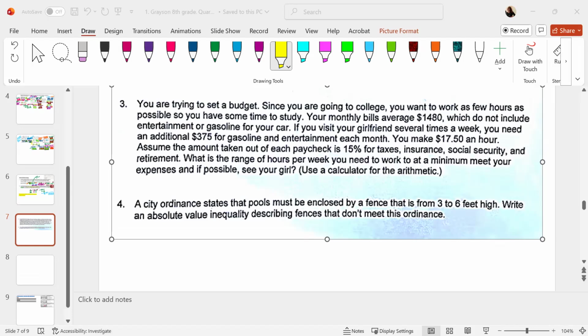Working 12 hours per week. You need to work at a minimum to meet your expenses and if possible see your goal. Use a calculator.